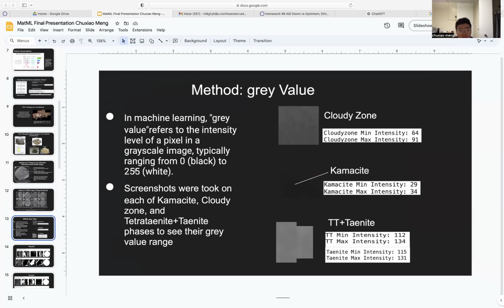In machine learning, grey value refers to the intensity level of a pixel in a grayscale image, typically ranging from 0, which means completely black, to 255, which means completely white. At first, a screenshot was taken of each of the kamacite, cloudy zone, and tetrataenite plus taenite phases to see their grey value range. And we will use that grey value range as a filter to identify the phases in the image.